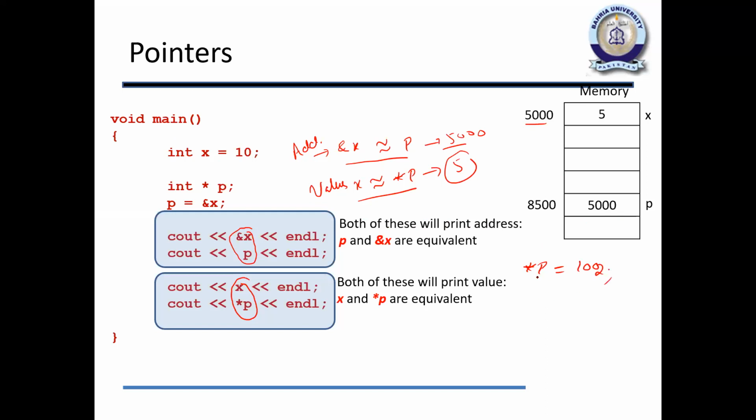See this carefully, what is happening. We said star p and x are the same thing, so this statement is same as writing this. Both of these are actually the same thing. Why? Here you are directly assigning a value to x, you are saying x gets the value 102. Here you are doing the same thing, but indirectly. You are saying contents of 5,000 will get the value 102.